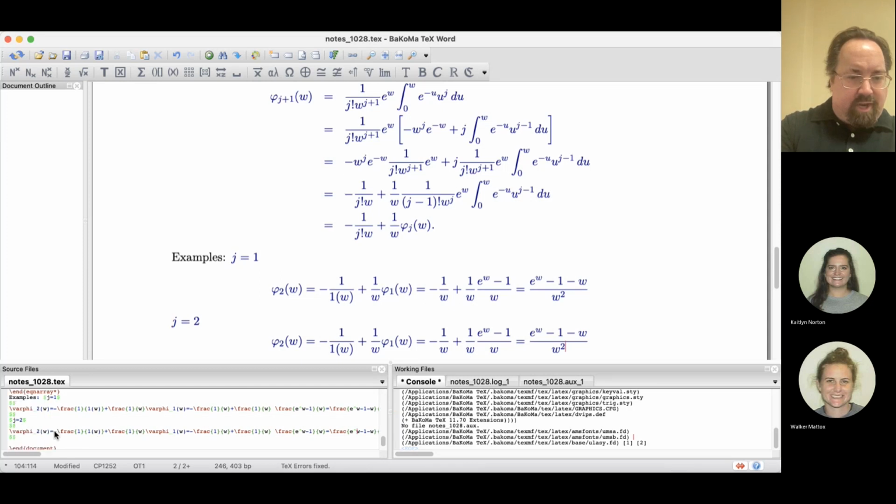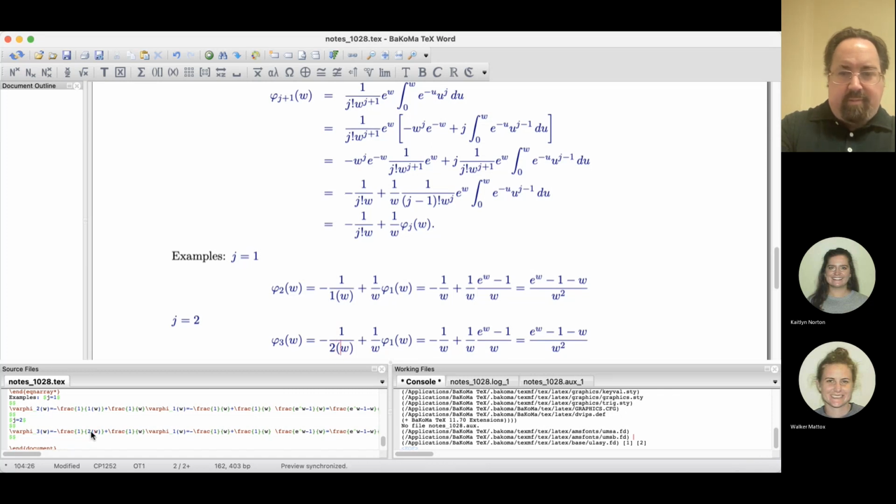So for the j equals 2 case, we have phi 3. So now I have 2 factorial, so I'll have a 2 down here times w. Okay, and then I have phi 2 of w here. And now I can fill that in.